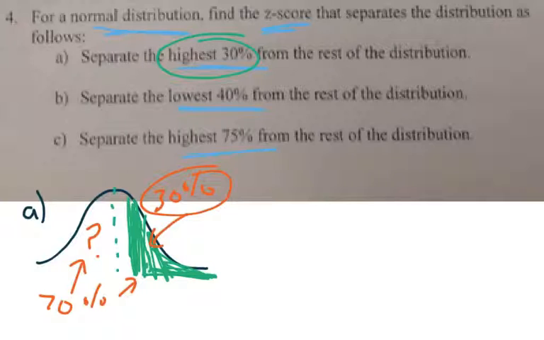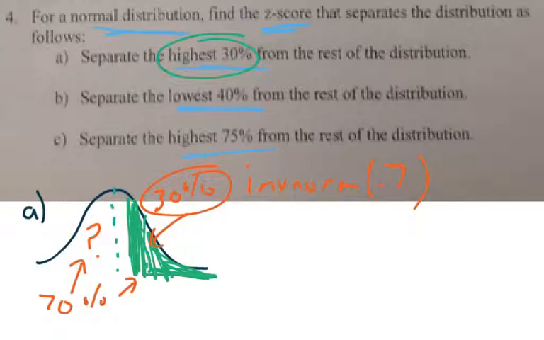So long story short, we're going to do inverse norm, because we have the percentage. We're going to find what value we need to get us to 0.7. That's what we're going to do on our calculator: inverse norm 0.7.